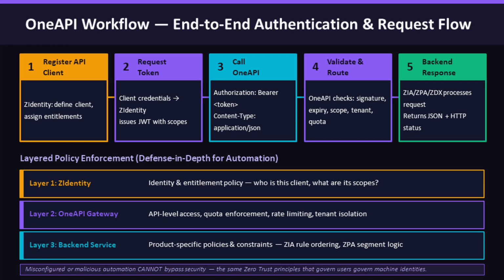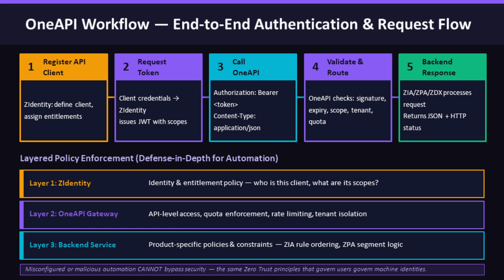Step 1. Register an API client in zIdentity. You define the client, specify which API resources it should have access to, configure its authentication method, typically OAuth 2.0 client credentials, and generate a client ID and secret. At this step, you also assign the client's entitlements, which determine the scopes that will appear in its tokens.